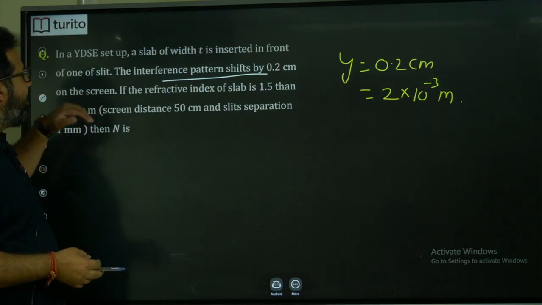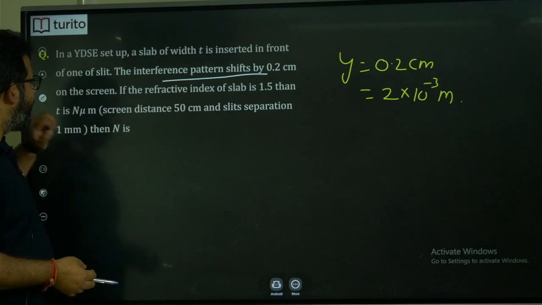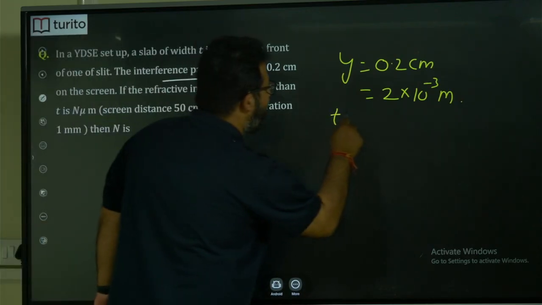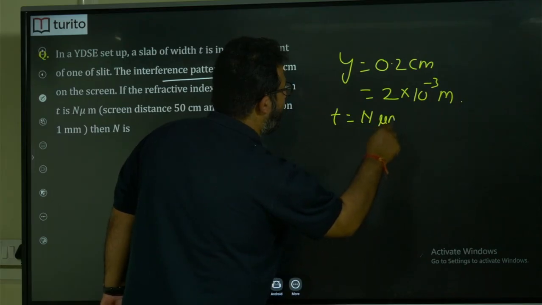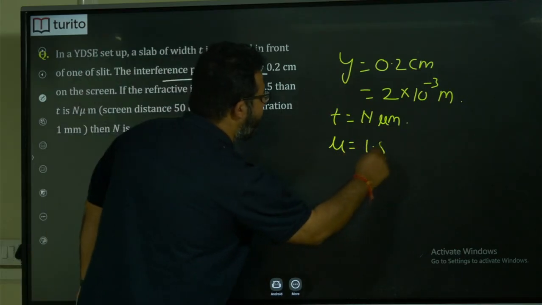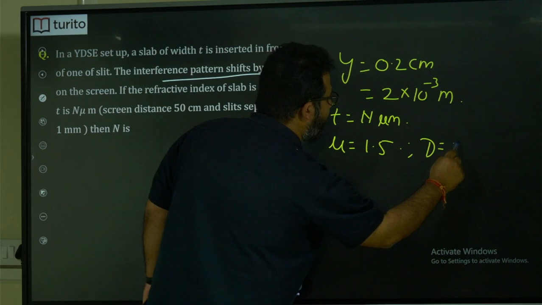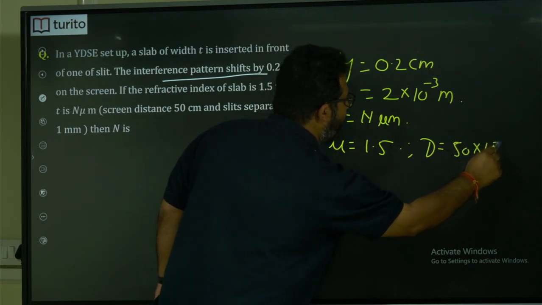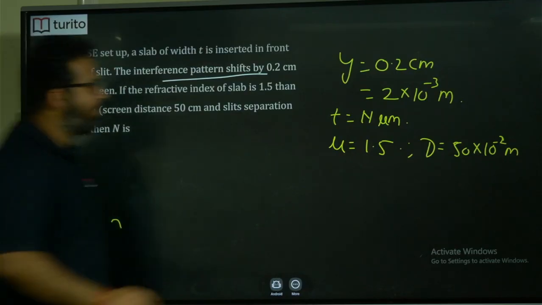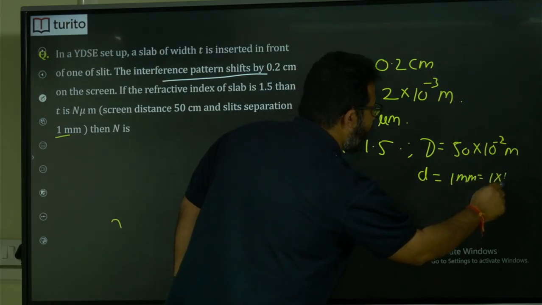The refractive index of the slab is 1.5, t is n micrometer, the screen distance capital D is 50 centimeter, that is 50 into 10 to the power minus 2 meter, and small d is 1 millimeter, that is 1 into 10 to the power minus 3 meter.